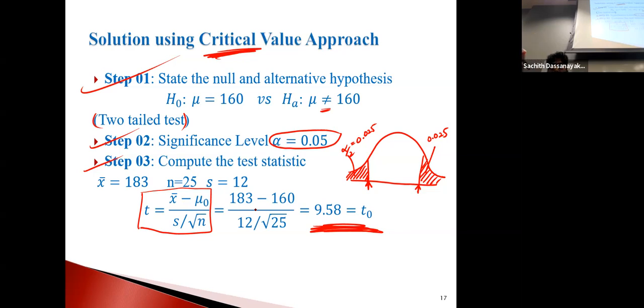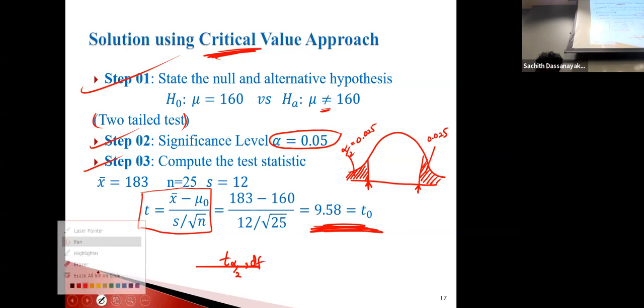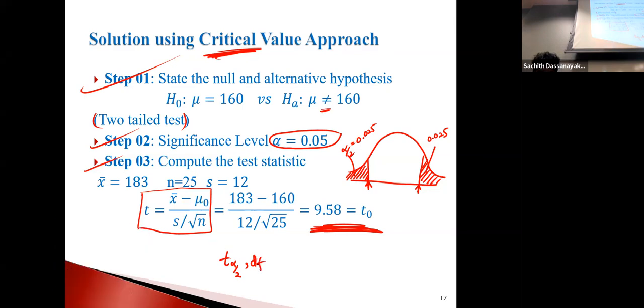First, you have to find the t value, which should be t alpha over 2, because it is two-tail, comma, degrees of freedom. What is alpha over 2? 0.025. Degrees of freedom is n minus 1, n is 25, minus 1 is 24. Go to the t table and find this value.